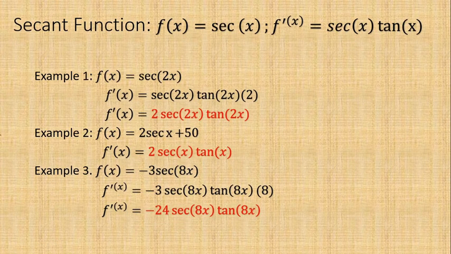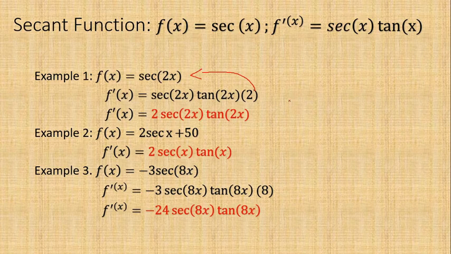Next, we have the second function. If f of x is equals to secant of x, then f prime of x is equals to secant x and tan x. Same process, just change to secant and tan. So, f of x equals secant 2x, then ang mangyayari dyan, just copy secant 2x, tan 2x, then derive 2x.